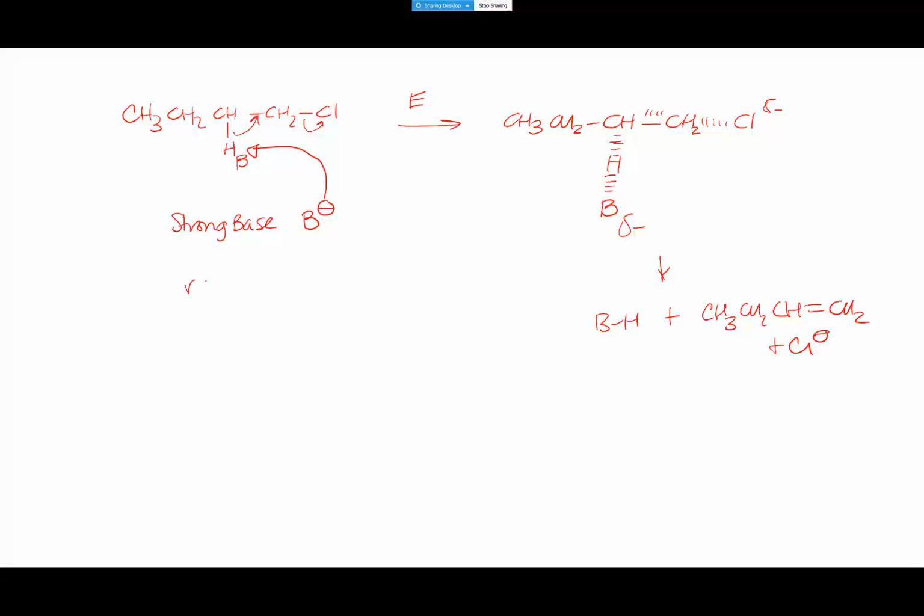So the rate equation for this would be rate equals k times the concentration of the base times the concentration of the alkyl halide, which means that this is a bimolecular reaction, which means this should be E2, although now with our redefinition of E2, it still is E2 because it doesn't involve a carbocation.